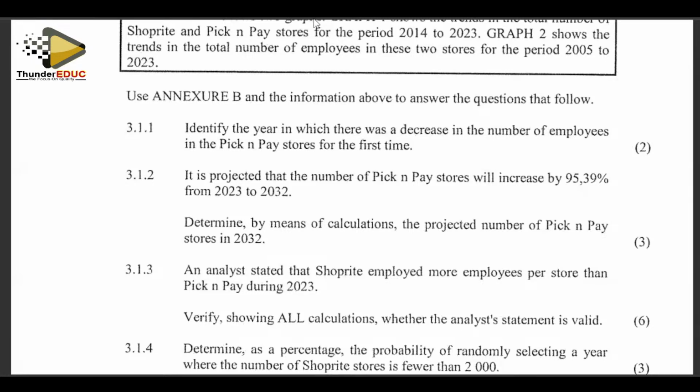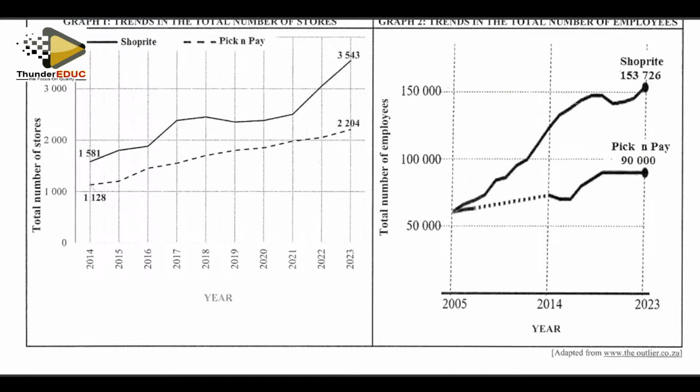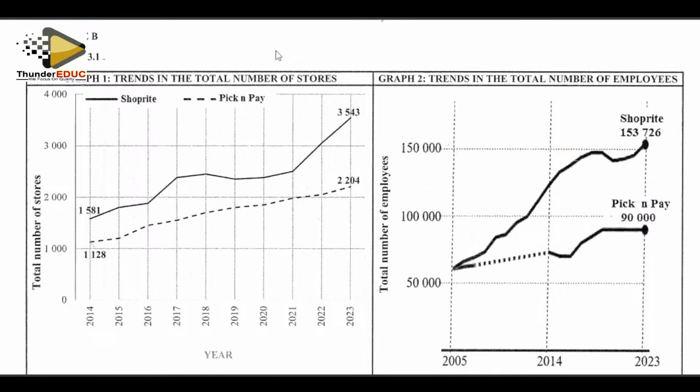Identify, we are identifying the decrease in the number of employees in Pick and Pay, for the first time. So we shall come to the next year here. Number of employees. We look at this side here, number of employees. Pick and Pay, it's this one here, decrease.